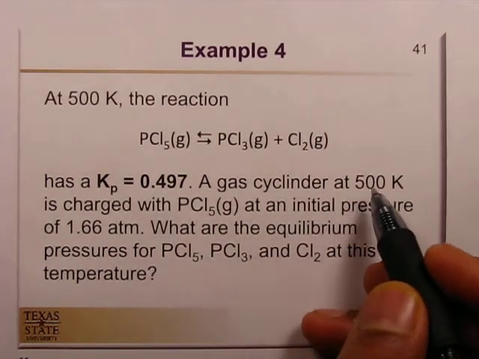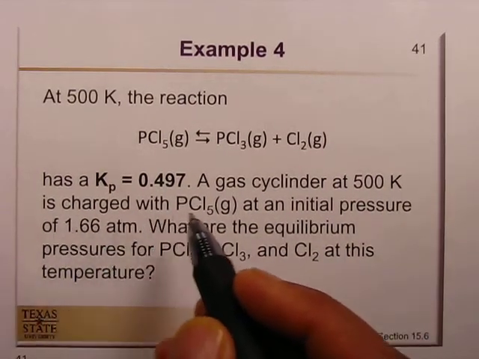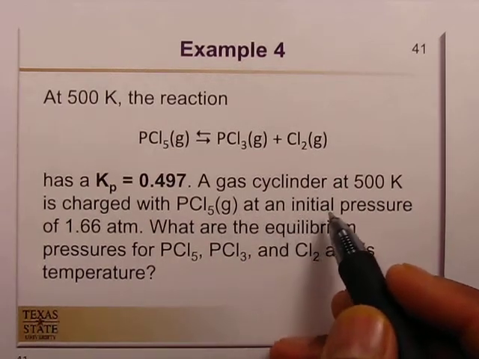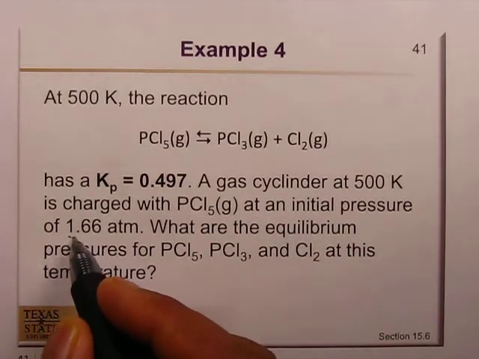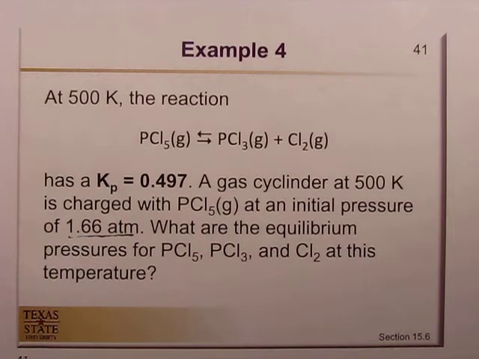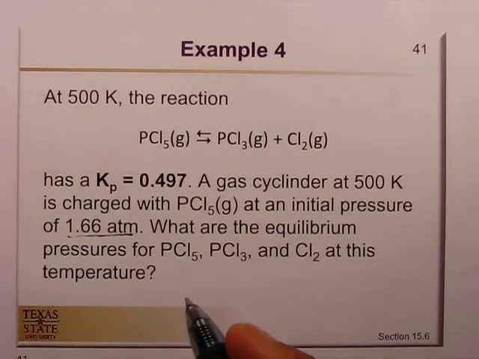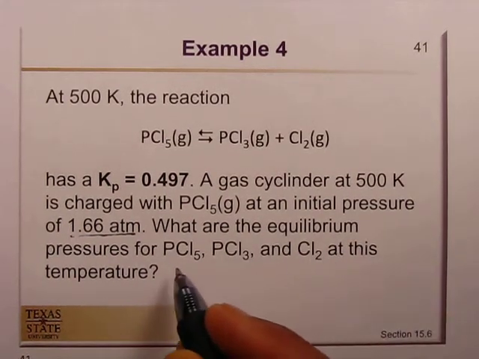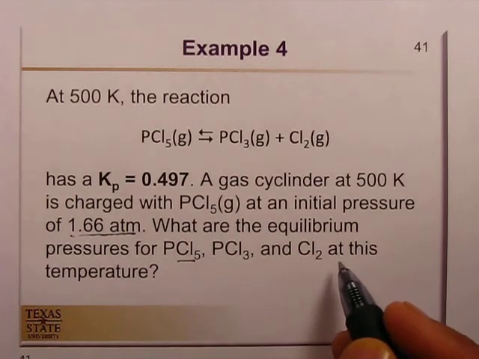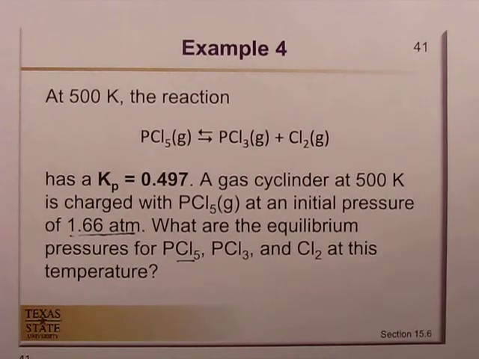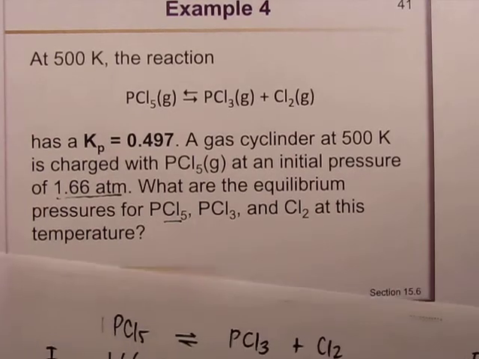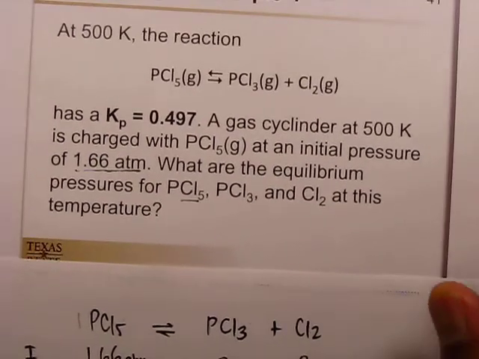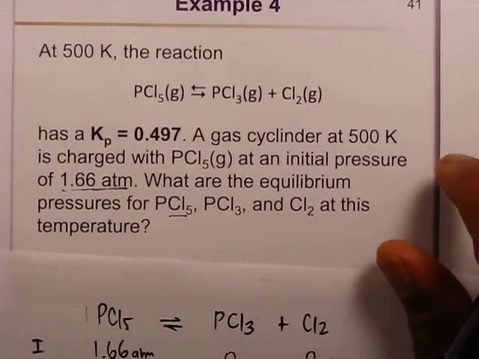A gas cylinder at 500 Kelvin is charged with PCl5 at an initial pressure of 1.66 atmosphere. What are the equilibrium pressures for PCl5, PCl3 and Cl2 at this temperature? So let's start solving using the ICE table.